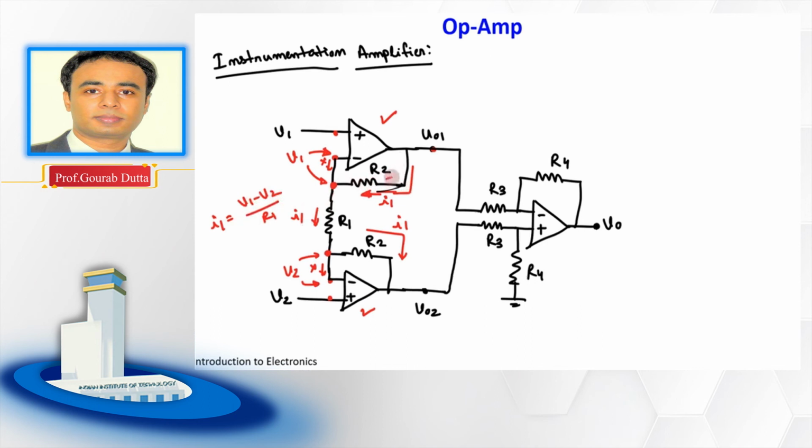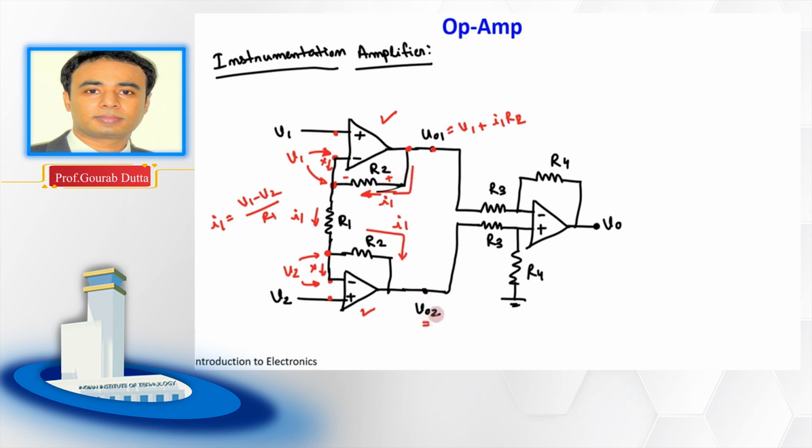So if the current is flowing through this, there will be a voltage drop here. So you know this voltage, you know this voltage drop, then you can find this voltage. So this VO1 we can estimate from this I1 R2, right? This is the R2 drop. Do you agree with me?